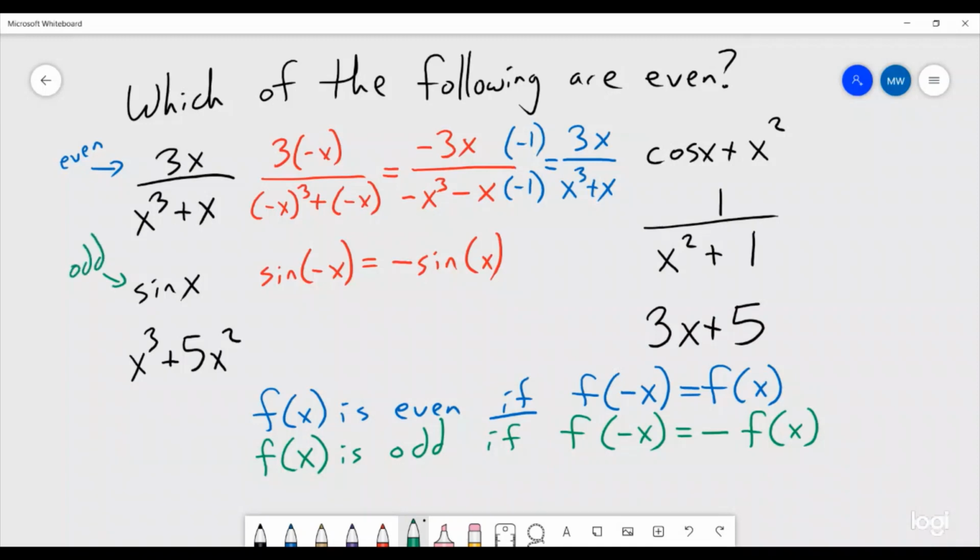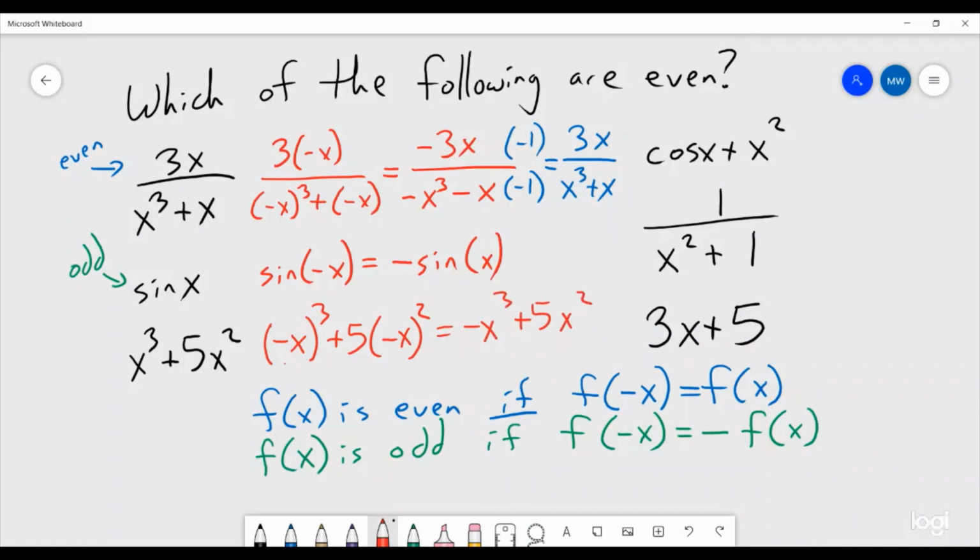How about x cubed plus 5x squared? What happens if we plug in negative x to that? Well, we get negative x cubed plus 5 times negative x squared, which is negative x cubed plus 5x squared.